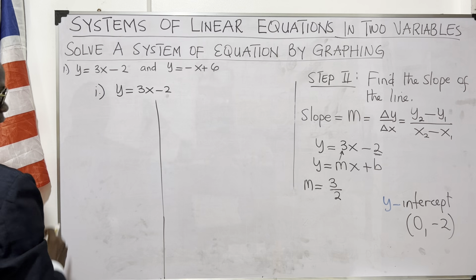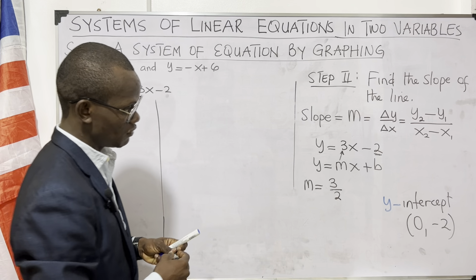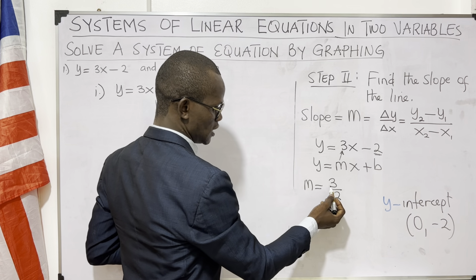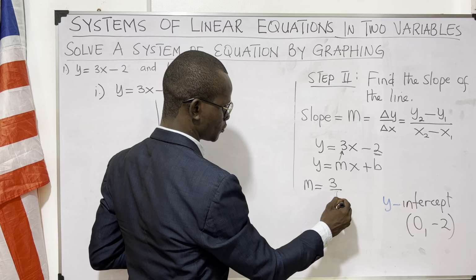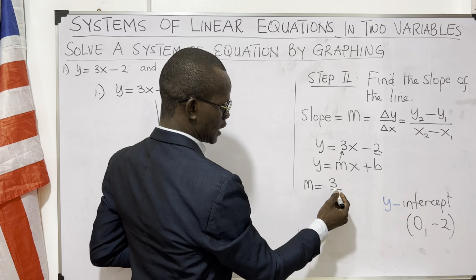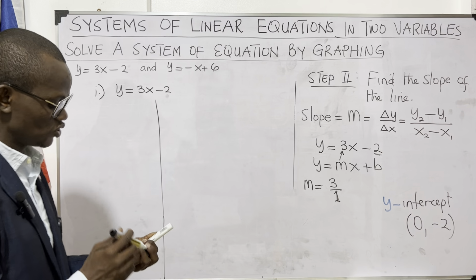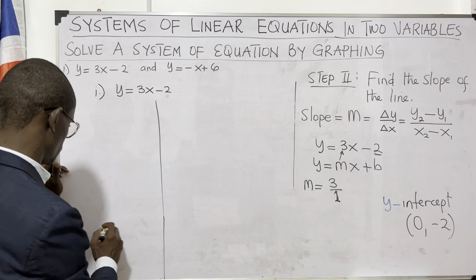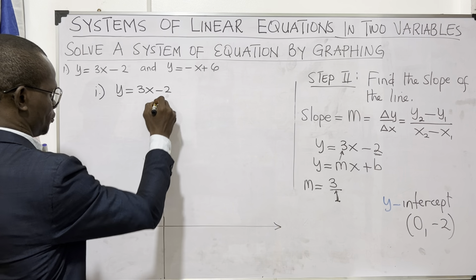Now what I need to take note of is the values. In the slope, I have 3 over 1, and then you have minus 2. So the highest number I'm dealing with is 3, so I don't have to draw a very large graph.